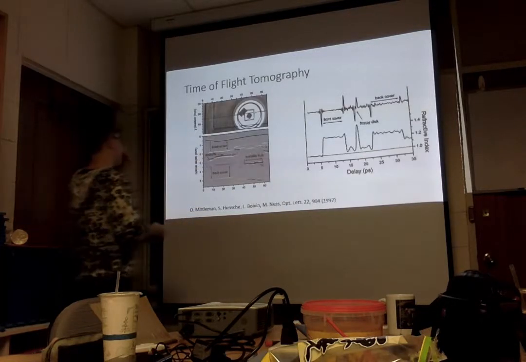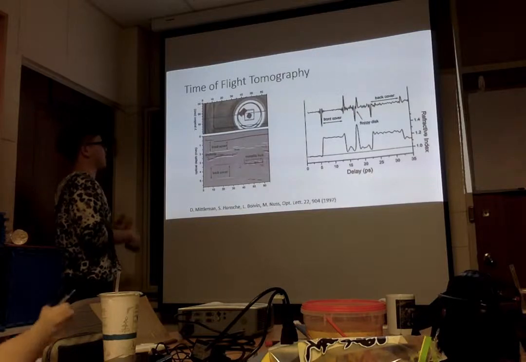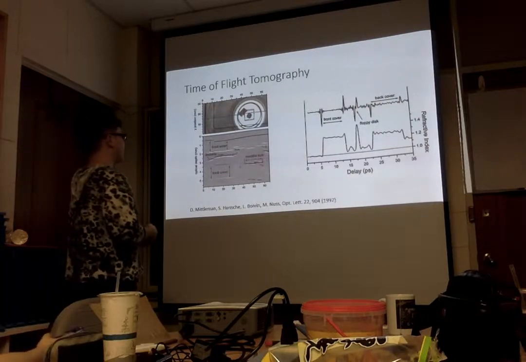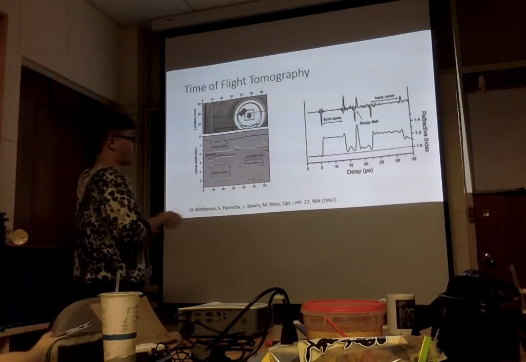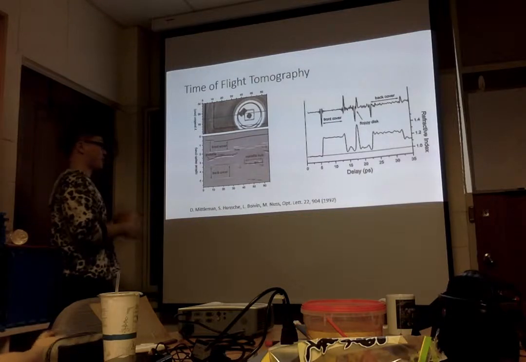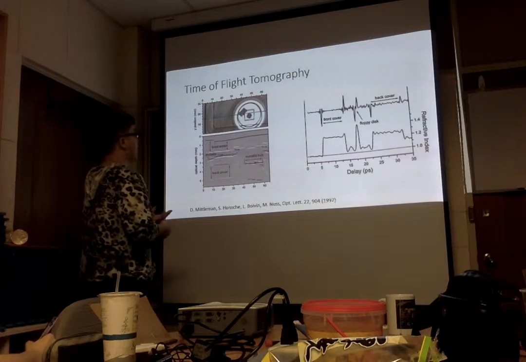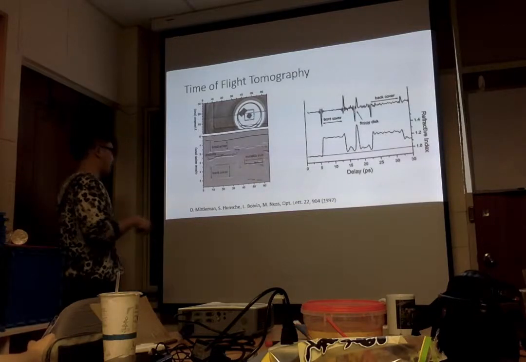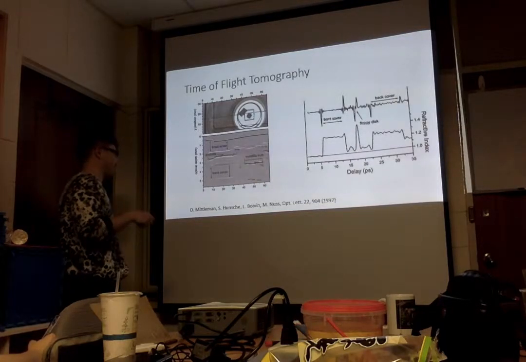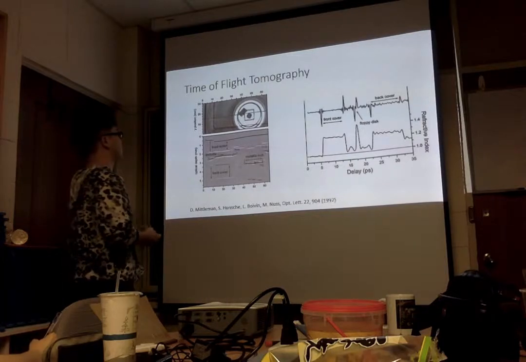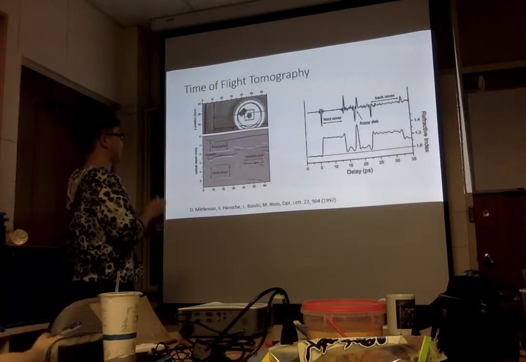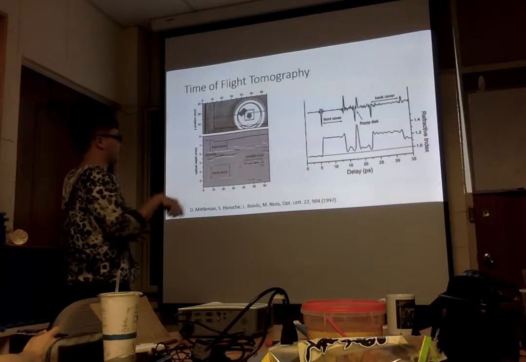Okay, and this is an example for time of flight. This is a floppy disk, with a front cover, back cover, and a metallic hub. This man, Dr. Metal Man, is the first to demonstrate a 3D time of flight image using this floppy.